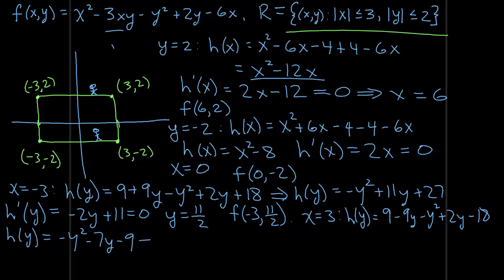Differentiate that one, and we get negative 2y minus 7 equals 0. And so we've got this point, y equals negative 7 halves. So I've got to find f of 3, negative 7 halves.